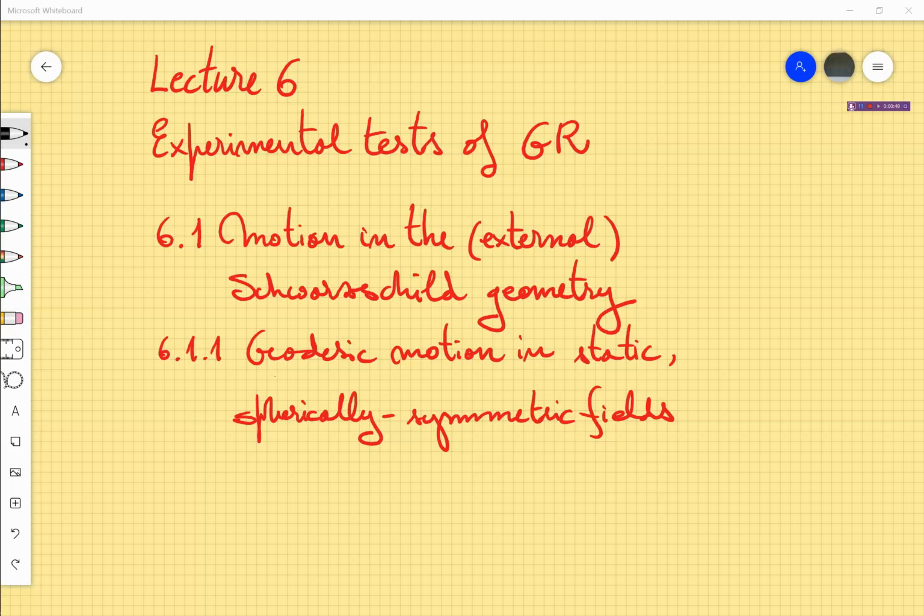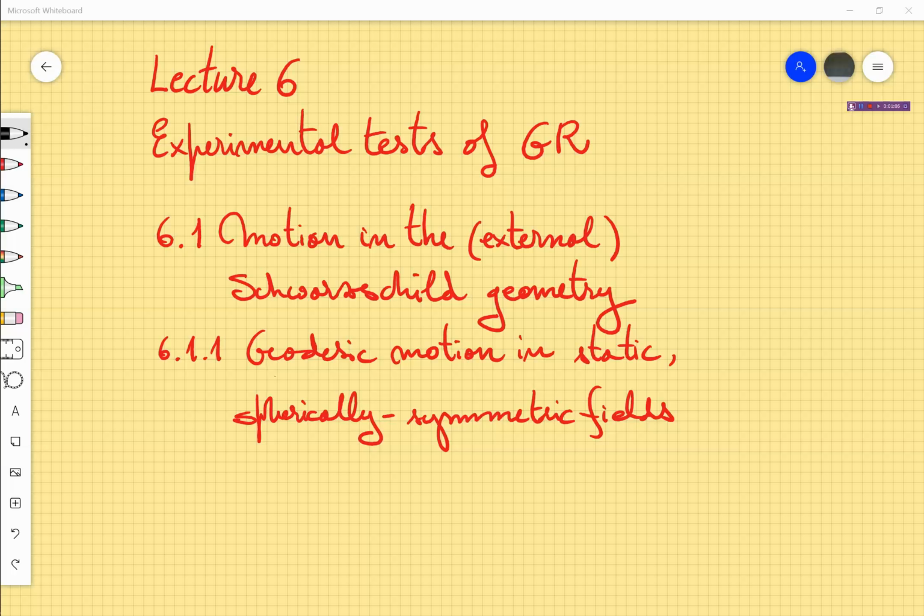These solutions lead to new predictions because they describe the new form of the gravitational field, according to general relativity, around objects which are static and spherically symmetric.